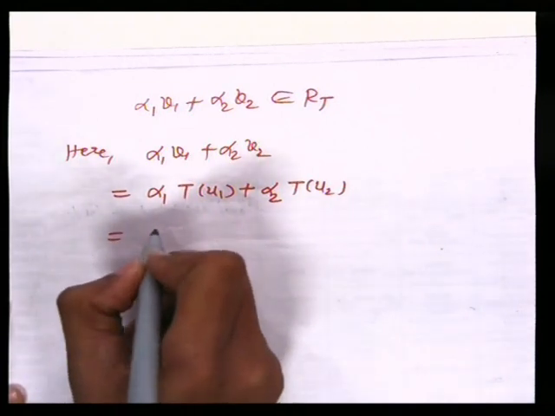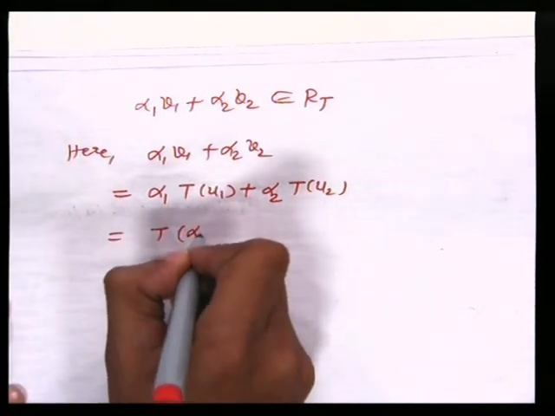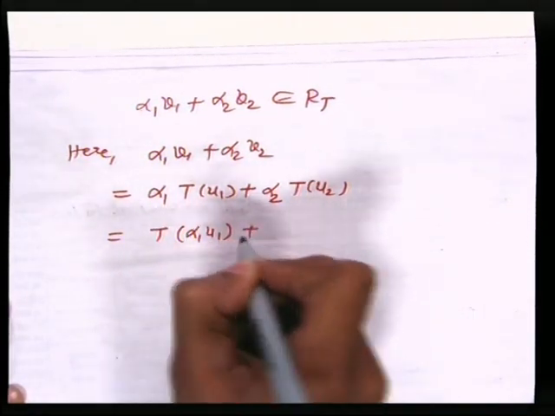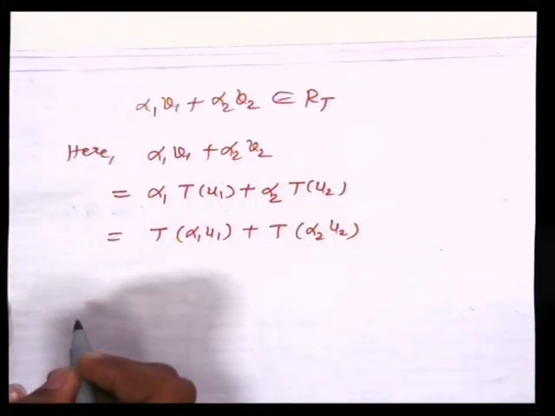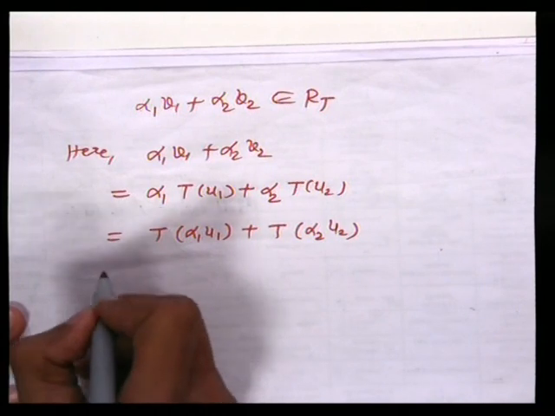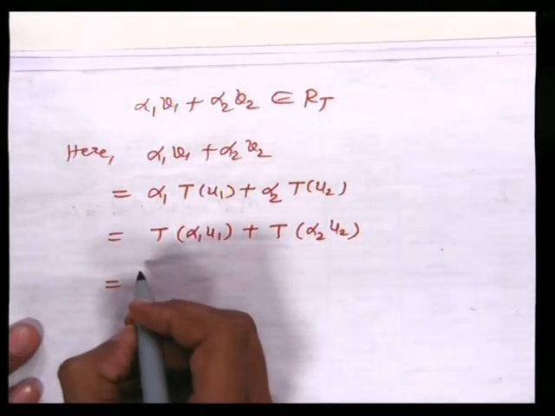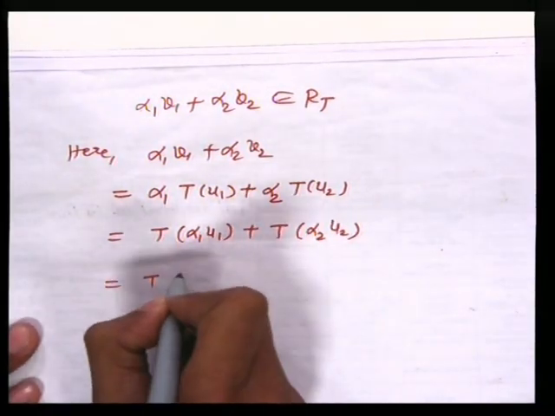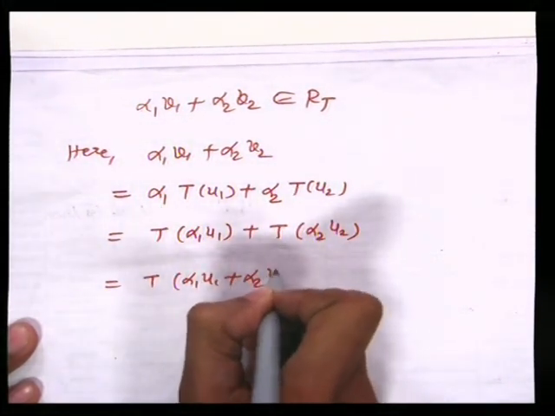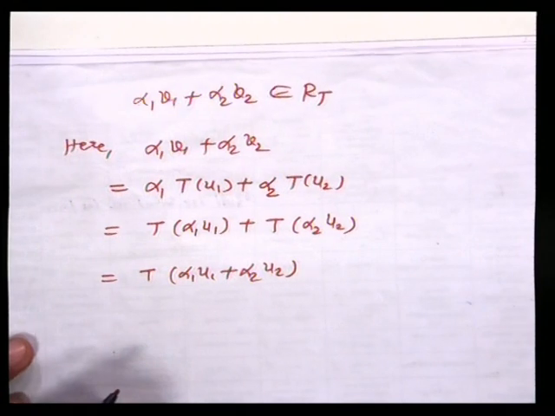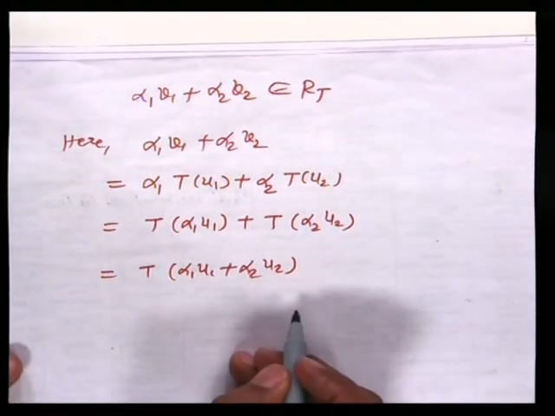We can write this as T of alpha 1 u1 plus T of alpha 2 u2, as T is a linear transformation. Again we can write this as T of alpha 1 u1 plus alpha 2 u2, again as T is a linear transformation.